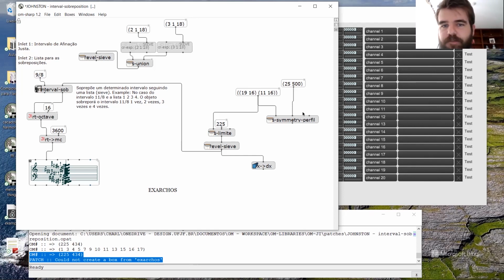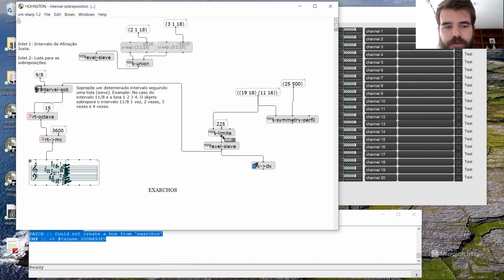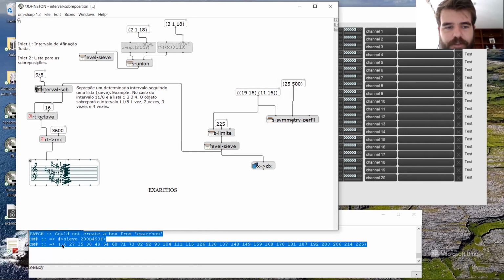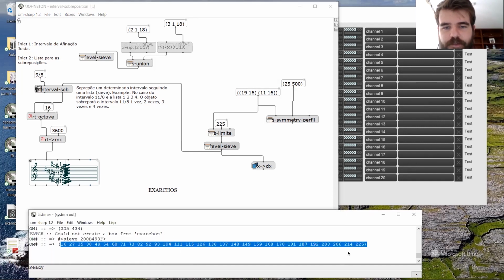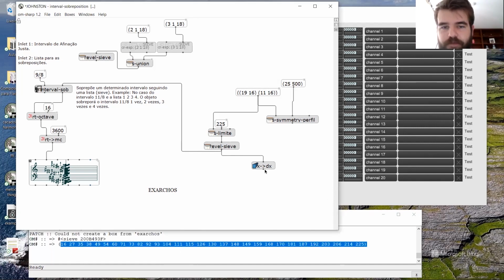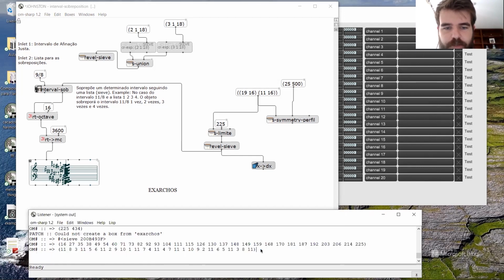So this object builds it. For example, here we have a sieve and here we have a very big, symmetrical sieve. If we put it here, we can see that it is palindromic. I have 11, 11, 8, 8, 3, 3, and so on. You understand that?